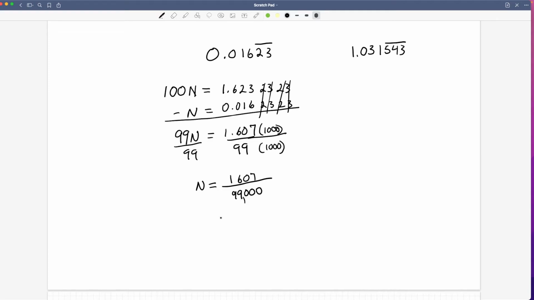So with just a little bit of manipulation, we can show that a repeating decimal is in fact a rational number. So let's try it with this one.